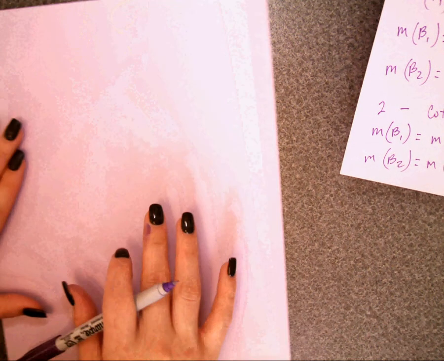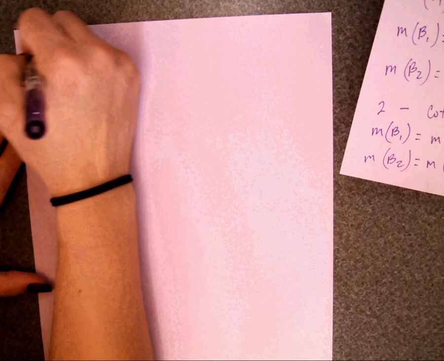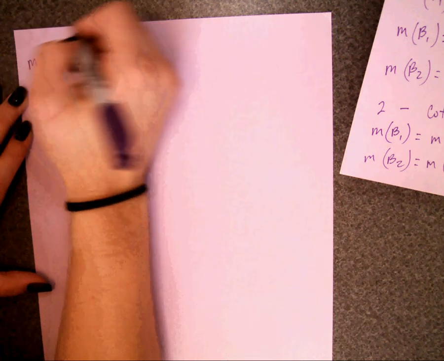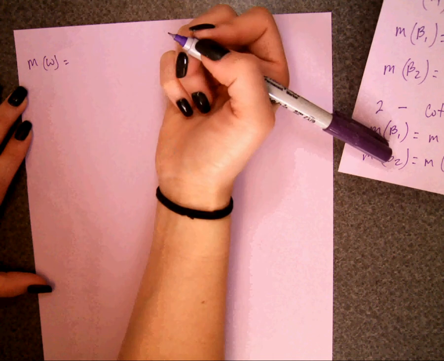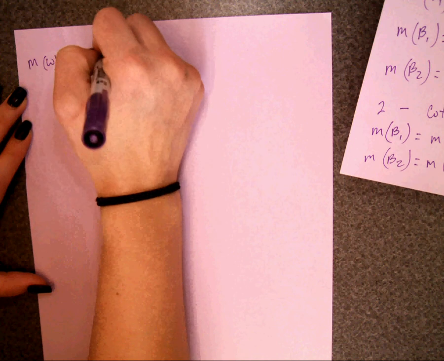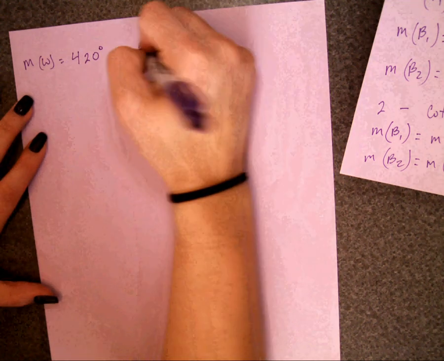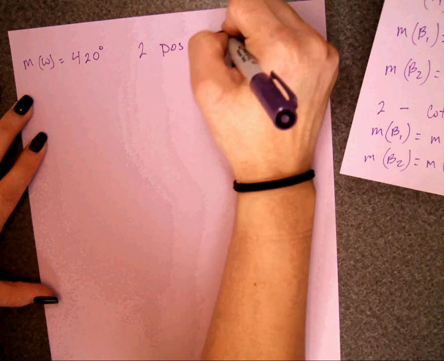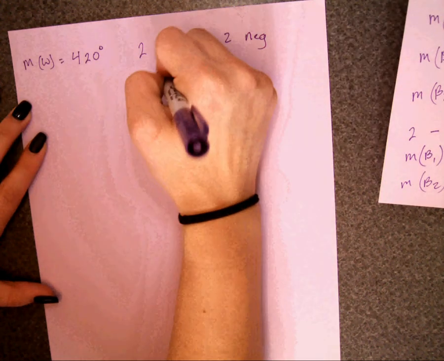Okay, so we'll do one more example of finding coterminal angles, and that will be all of section 1.1. So let's say I have the measure of some angle W equal to 420 degrees, and I want to find 2 positive and 2 negative coterminal angles.